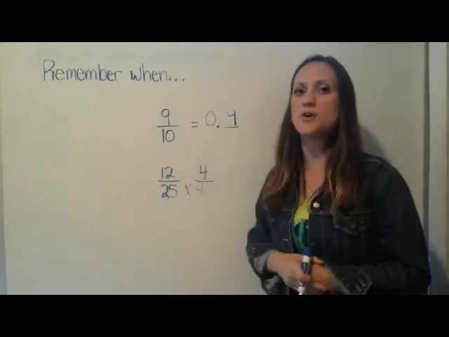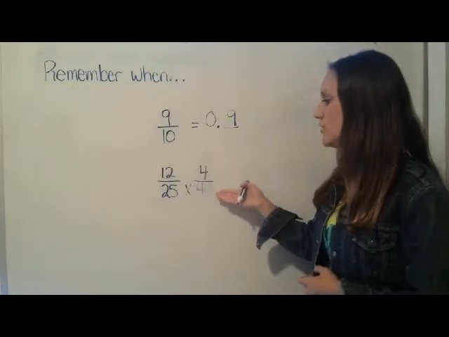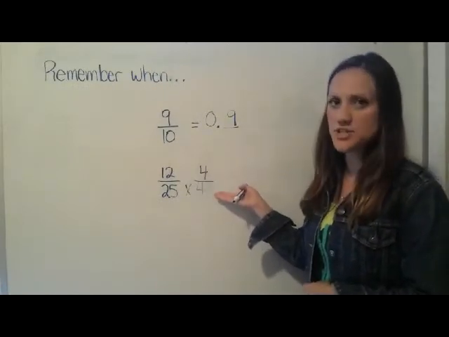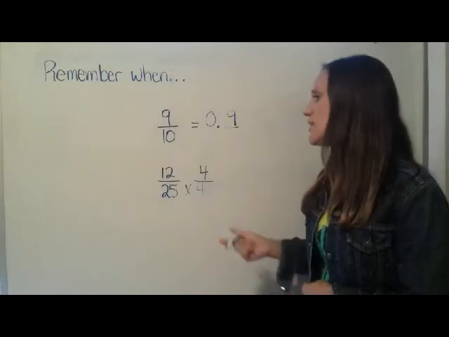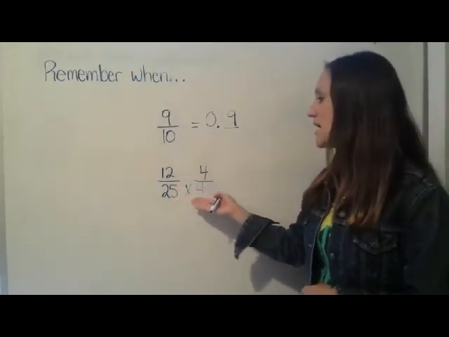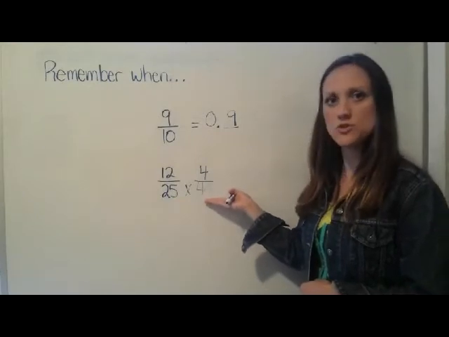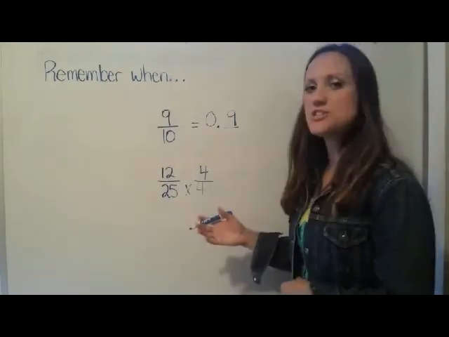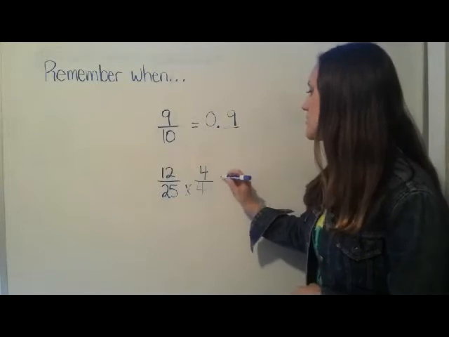It should also be noted that 4 over 4 is also a fraction that equals 1. So we are essentially multiplying 12/25ths times a fraction equivalent to 1. So we're not changing the value of 12 over 25.